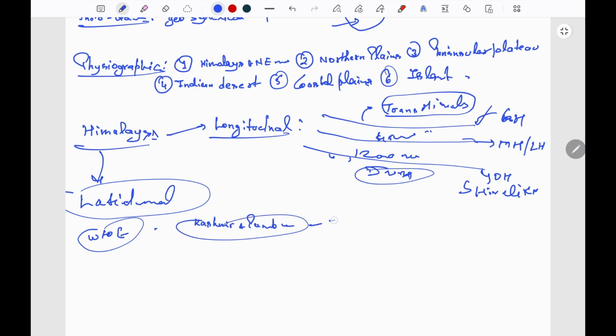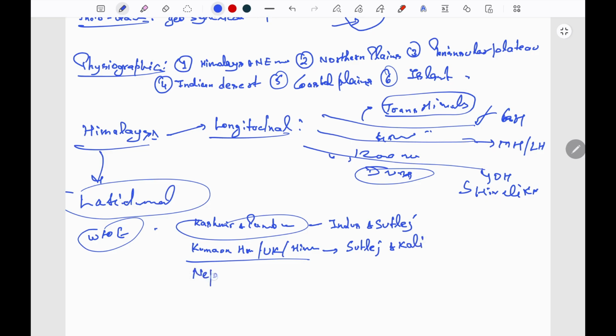It is between the Indus and Satluj River. Second one is Kumaon Himalayas, or Uttarakhand or Himachal Himalayas. They are between the Satluj and Kali rivers.